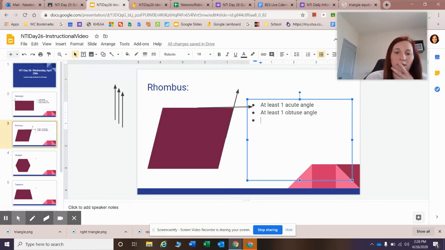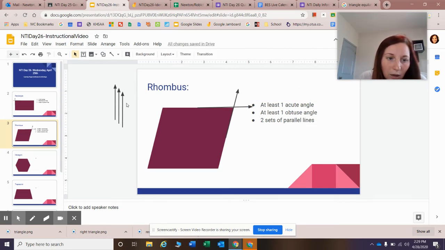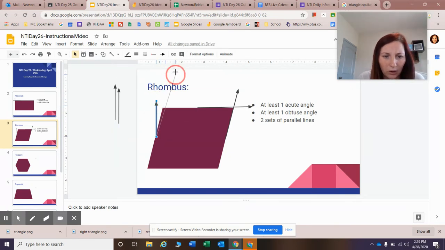What about our lines? Does it have perpendicular lines? No, because there are no 90-degree angles on a rhombus, because it's tilted. Does it have parallel lines? It does. It has 2 sets of parallel lines. I know this because this line will keep going on and on forever. But then if you look at this line, it'll keep going on and on forever, but they're never going to meet.